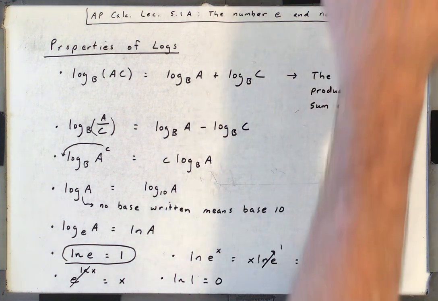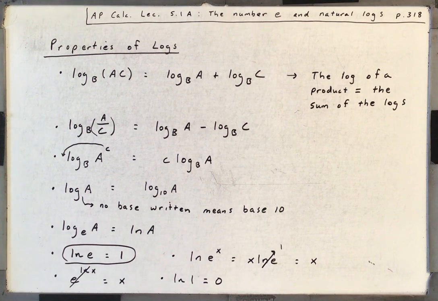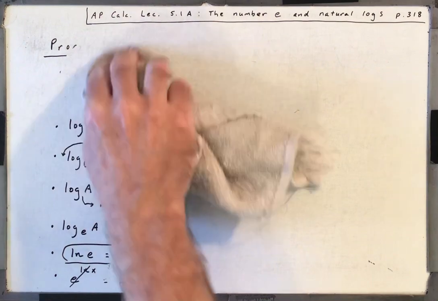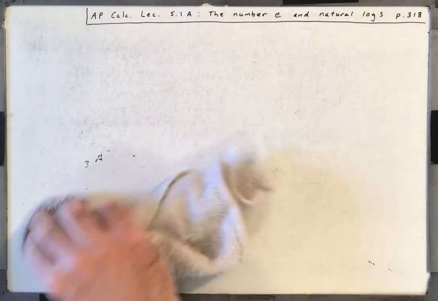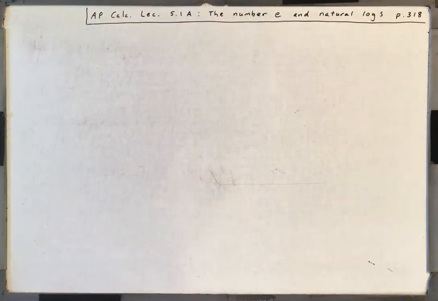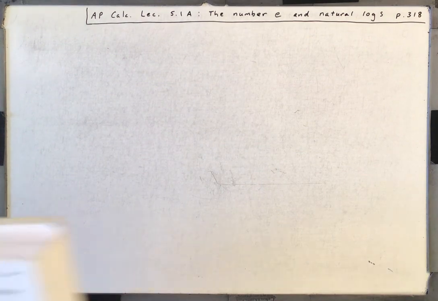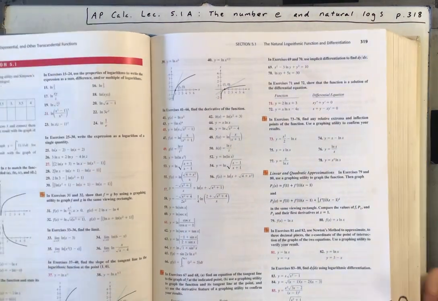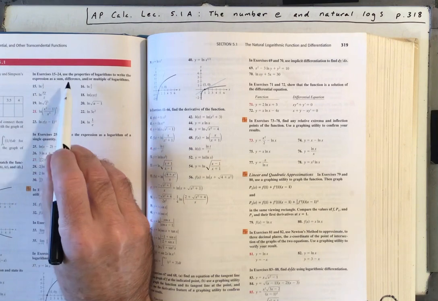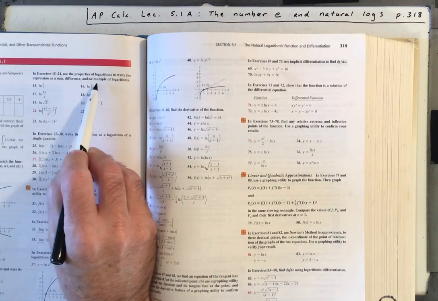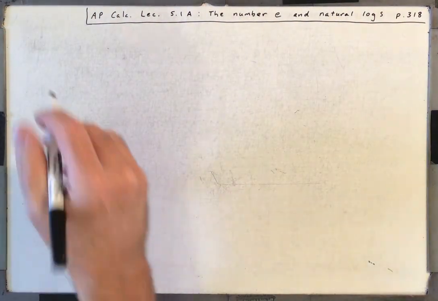All right, so let's look at our textbook. We're going to do a few examples here. We are on page 318, and I'm going to start with number 16. It says, use the properties of logarithms to write the expression as a sum, difference, and or multiple of logarithms.